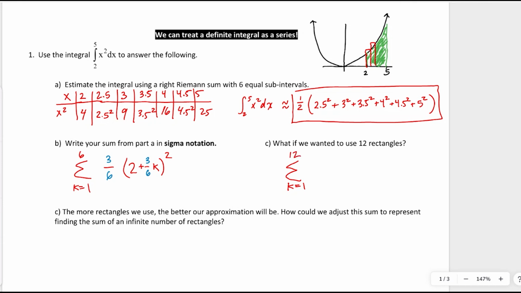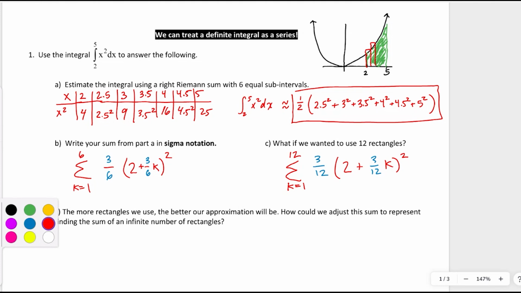Okay, so we're going to have 12 rectangles. The base length will be 3 divided by 12 instead of 3 divided by 6. But the rest of the expression should be the same: 2 plus 3/12 k, squared.